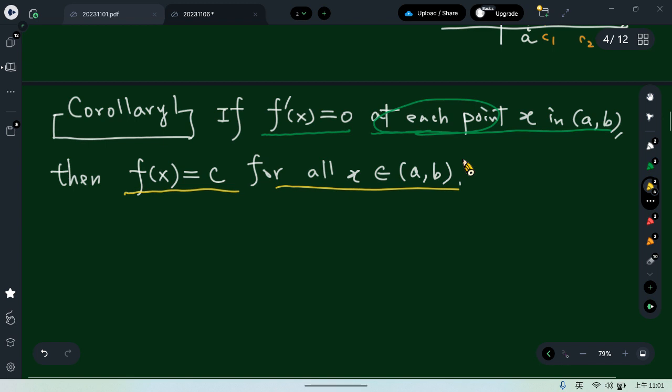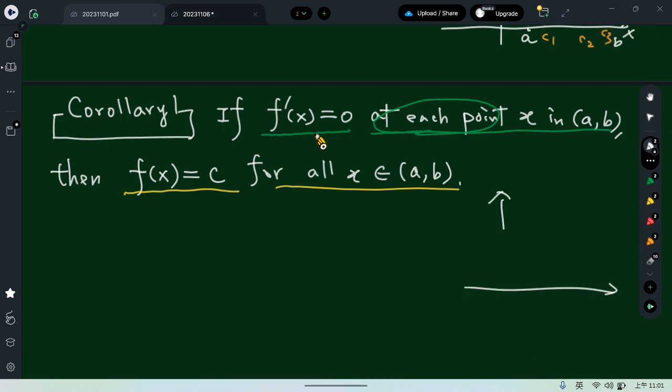Yes, because you can see at each point its first derivative is 0. So that means at each point its tangent line is horizontal line. So you know what I mean? Only this situation. At this point derivative is 0.